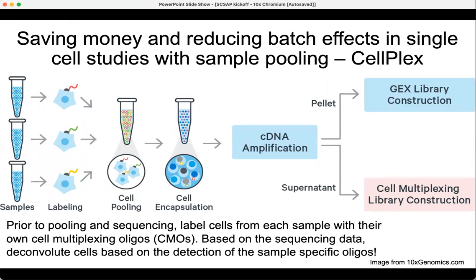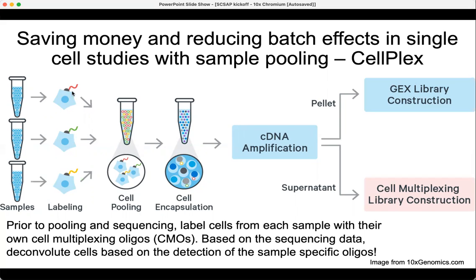And so I just want to highlight a couple of ways that you can enhance your experimental designs that have recently become available. And one of these is called CellPlex. The CellPlex technique from 10x Genomics now allows you to pool samples together. This lets us look at more biological replicates or more treatments in a single reaction. How this works is that we take our individual samples, and then we label the cells in each sample with an oligo-tagged lipid.